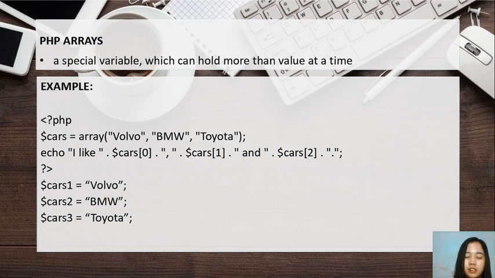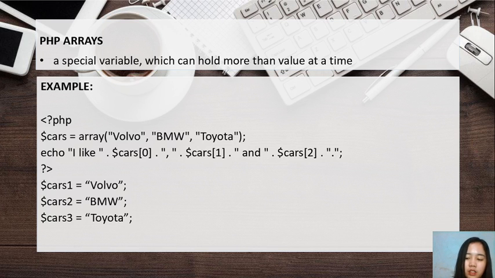PHP arrays. A PHP array is a special variable which can hold more than one value at a time. In general, an array stores multiple values in one single variable.